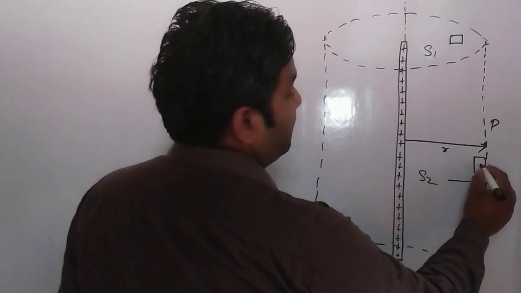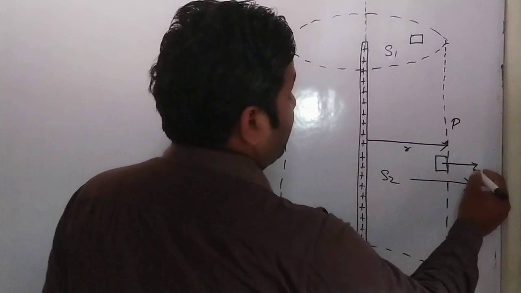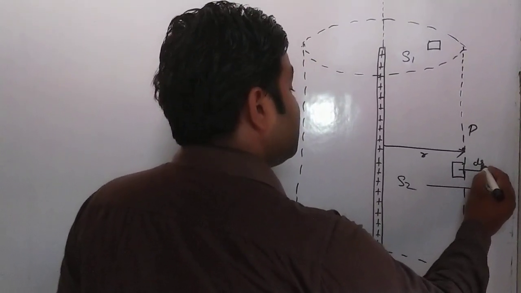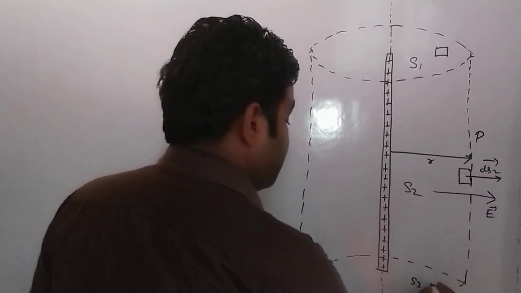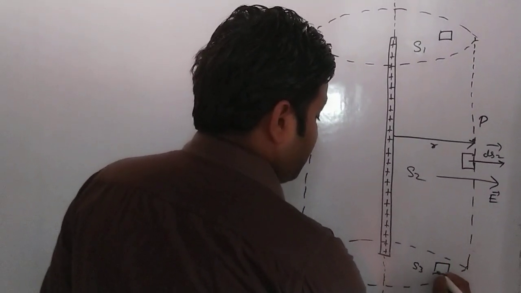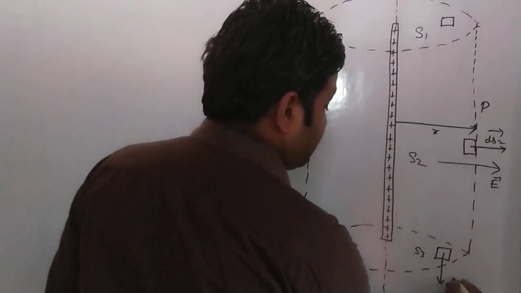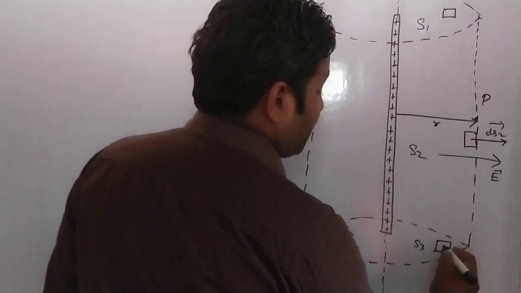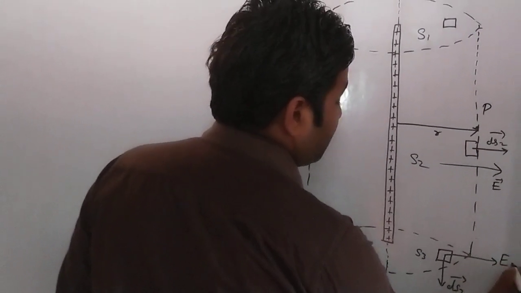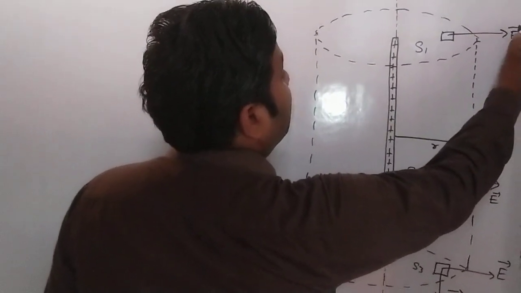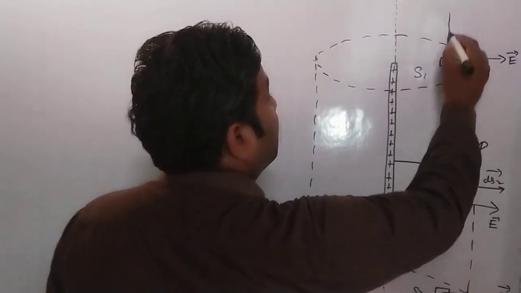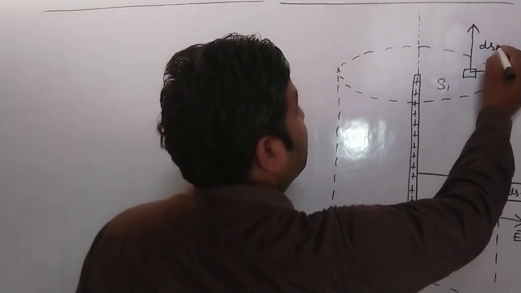By taking a small area, this is dS2, with electric field direction E, and this one dS3, and this is the electric field direction E, and the same at this point, and the area vector dS1.